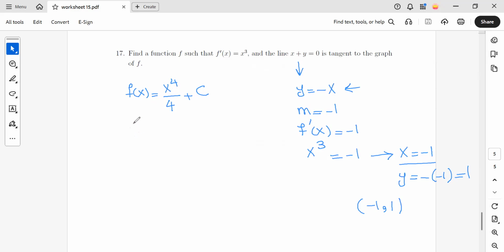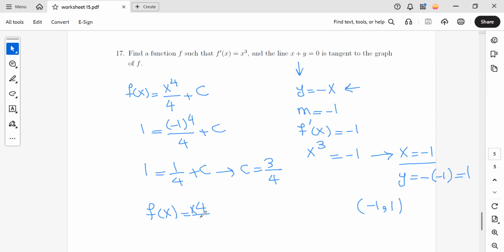So using the point, we would have y value f of x as 1 equals negative 1 to the fourth over 4 plus c. So it will be 1 equals 1 over 4 plus c, which means c is 3 over 4. So back to the function, f of x will be x to the fourth over 4 plus 3 over 4.